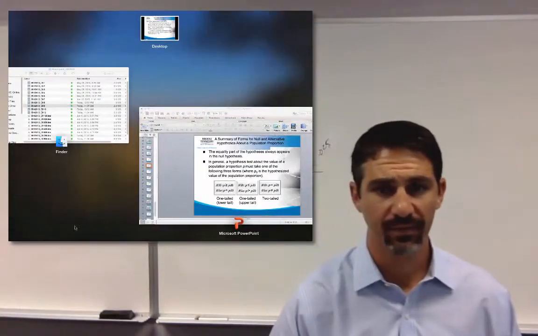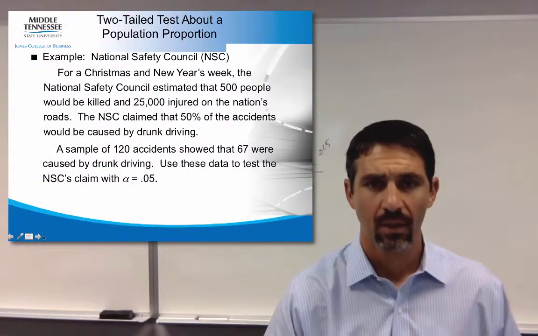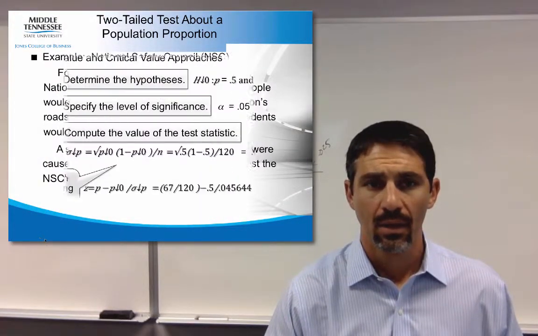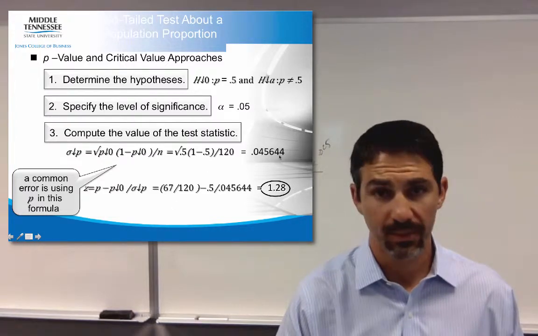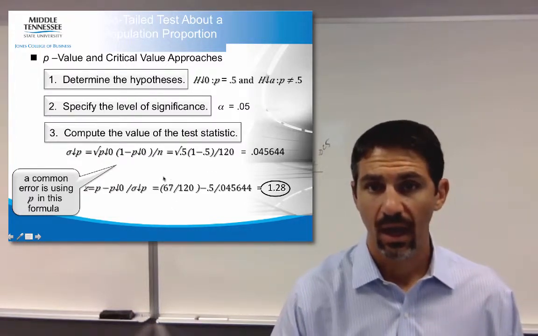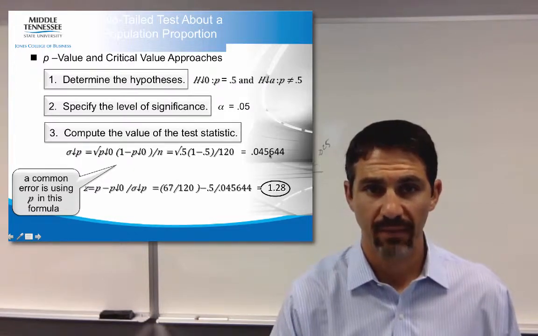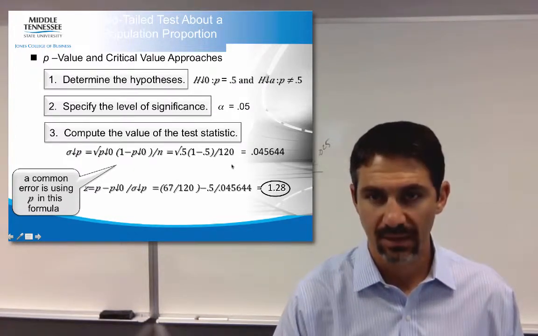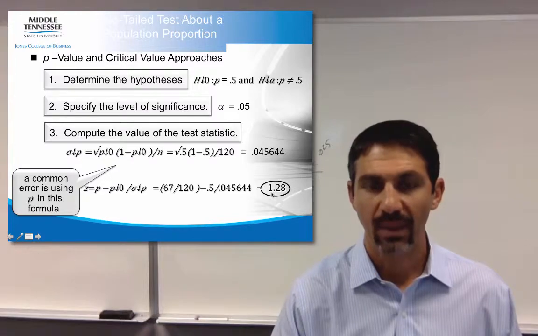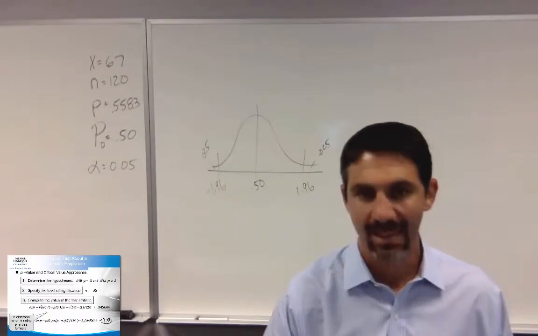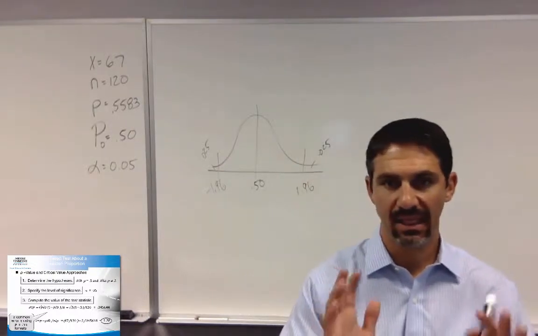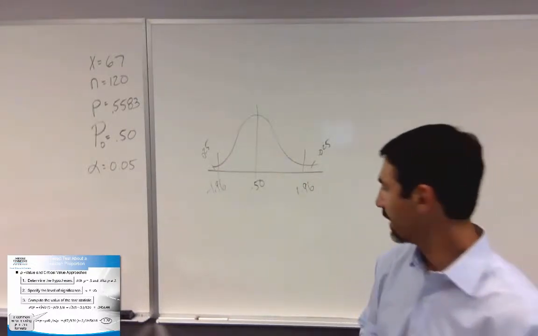So looking at our information here, we calculate our computed value, actually that would be our standard error, and we come up with a z-score of 1.28. So what that means, let's take a look at that on our board up here.